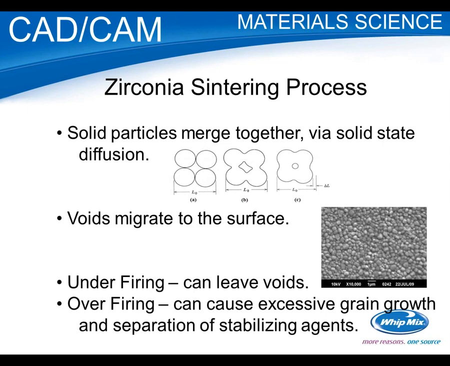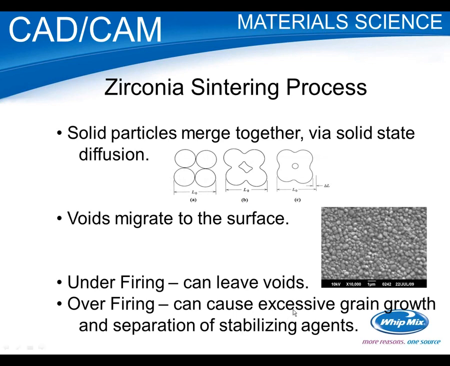So they have a number of different chemicals in there that help maintain that tetragonal phase. If you overheat it, these grains tend to grow, which isn't a good thing. It's kind of like you're asking too much of your additives. You're trying to get them to control a bigger and bigger volume. The other is if you overfire, some of the additives can start migrating together and precipitating out.